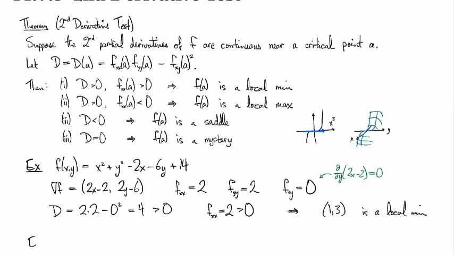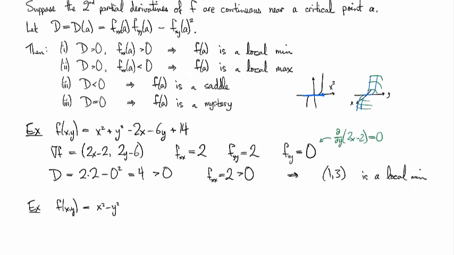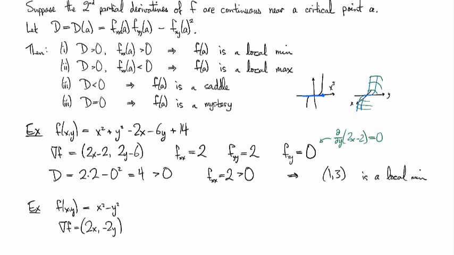If we look at the other example that we had, x squared minus y squared, then the gradient was 2x minus 2y.